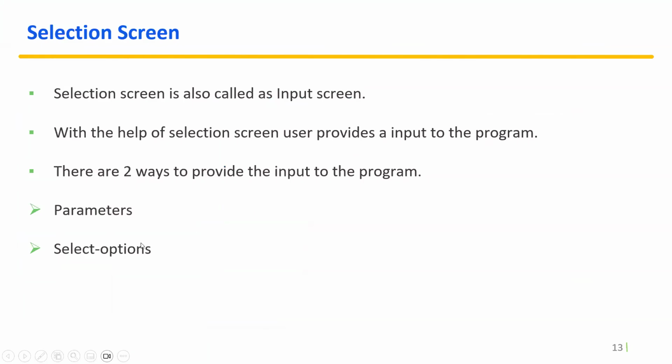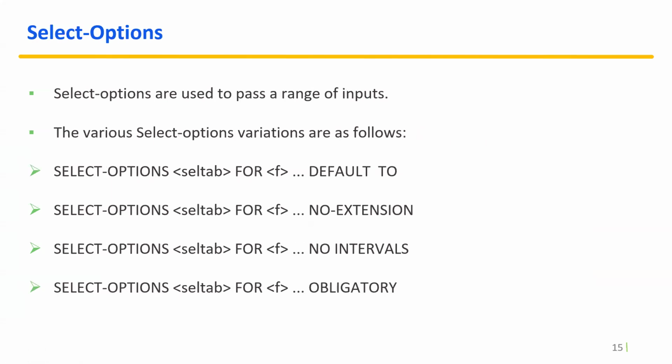Can you confirm, did I explain select options in our previous sessions? I believe I haven't explained this one. No, Sneha. Okay, so first we'll discuss select options, then I'll explain initialization.